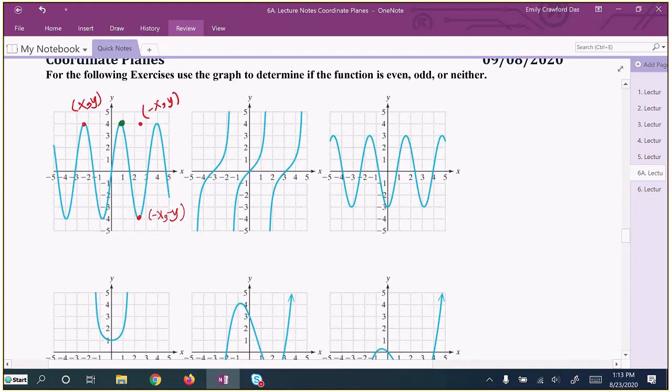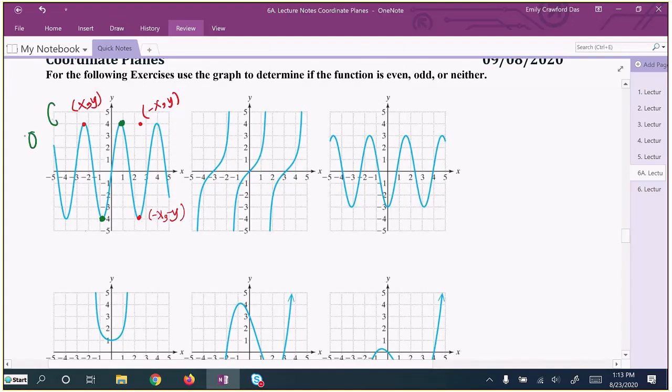So for example, this point corresponds to this point. If this is (x, y), then this is (-x, -y). And so on. Okay, what about the second graph? So let me just make a note here that this is an odd function we determined.